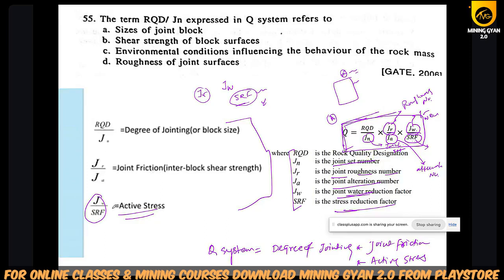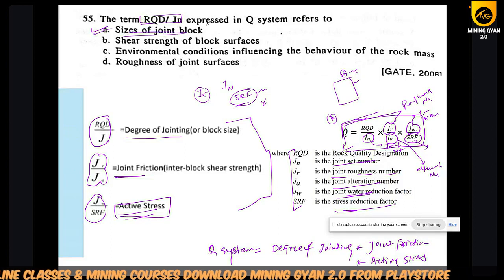So JW by SRF will be active stress. JR by JA is the joint friction. RQD divided by JN will be the degree of jointing. So what he has asked in this question, RQD by JN in the Q system, is the size of joint blocks.